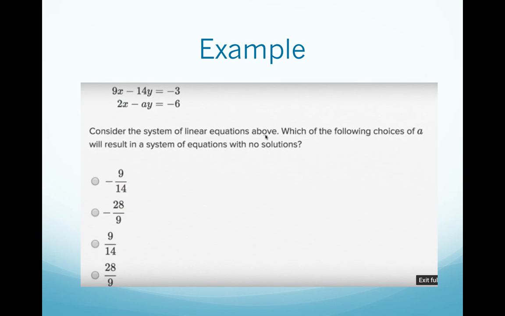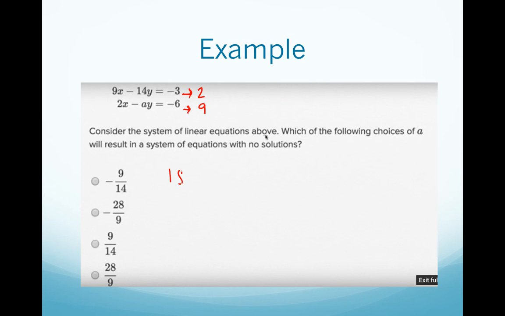So here's an example. They're asking us for a scenario where we have no solution. So essentially, you want both your variables to disappear and you want a false statement. Say we looked at trying to make those x terms match. Maybe we multiplied this first equation by 2 and the bottom equation by 9.